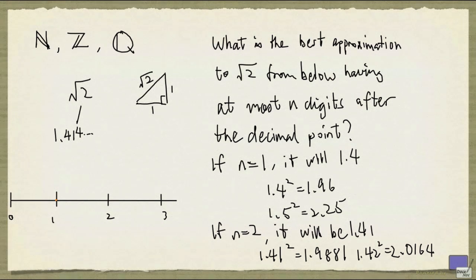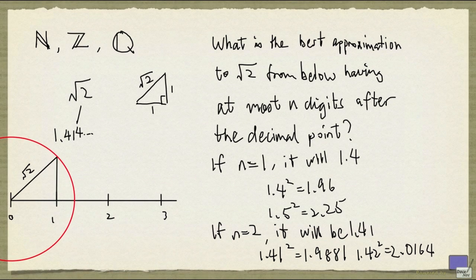So this is the number line, and let's draw the square root of 2. So this length is the square root of 2, and if we draw a circle centered at 0 with radius root 2, it will look something like this. And to get the first digit, you chop up this interval between 1 and 2 into 10 pieces. Obviously, I haven't done a very good job drawing this. And what you notice is the square root of 2 is more than 4/10 larger than 1.